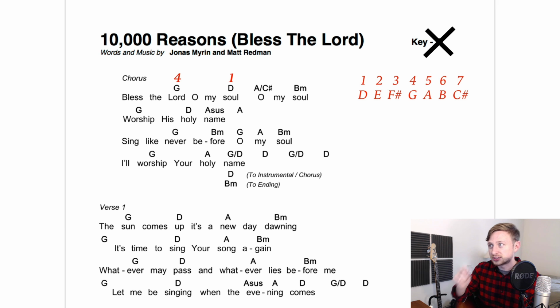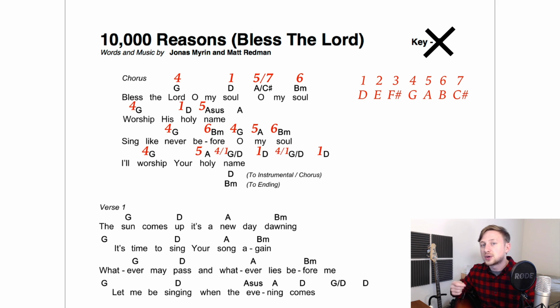This is an A chord, so look over the legend. This is an A, which is 5. Now, quick note: this is a 5/7 chord. Again, I'll explain this in detail, but it's a 5/7 because 5 is A, C sharp is 7. You get the idea. Okay, our last chord in this line is a B minor, which is the 6th chord. And what we're going to do is just continue that process for the rest of the song.